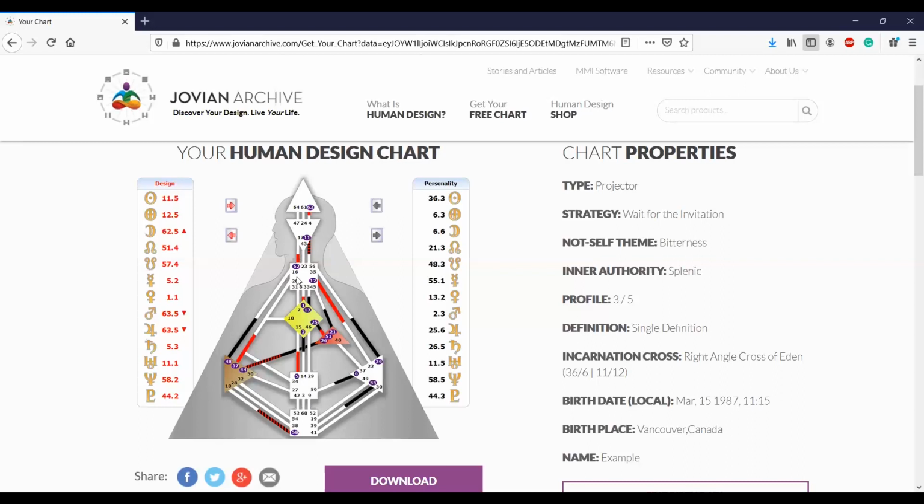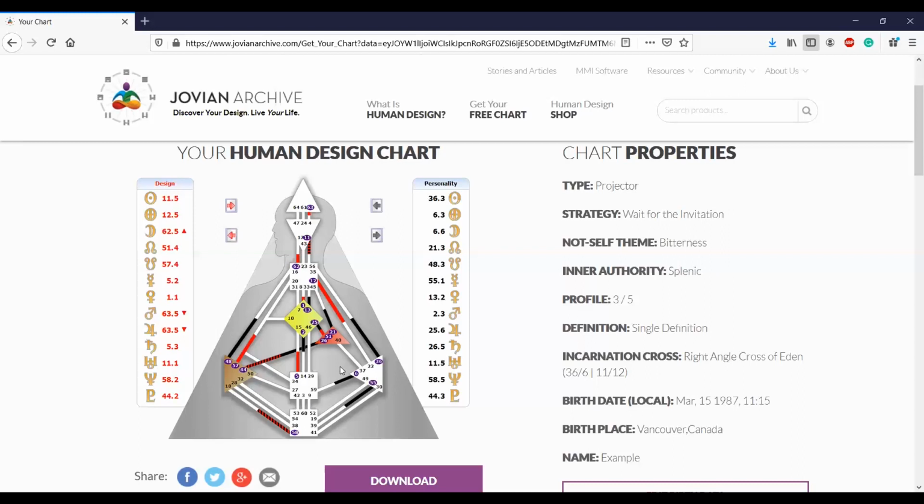This square here, the third one, is the throat center, which is about expression and manifestation. The next one, in yellow, is the G center, which is the center for a sense of direction and love. Just next to it, this little red triangle is our heart center, which is the willpower and value center.